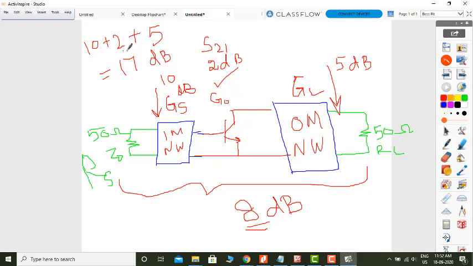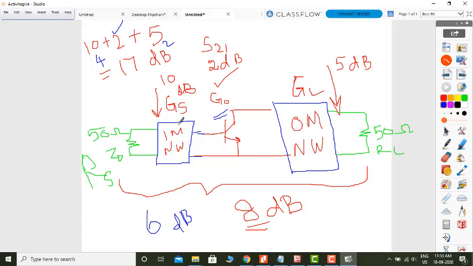So what we are going to do is, we cannot alter the 2 dB gain from the device, so we take it as it is. For the remaining, to get 8 dB of gain we need 6 dB. So for the 6 dB, we can have 4 dB from the input matching and 2 dB from the output matching.